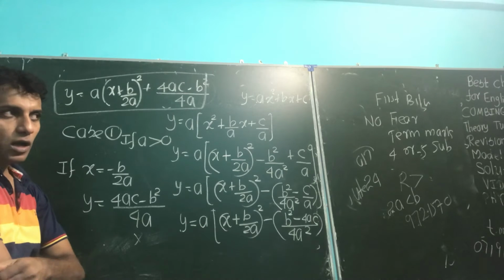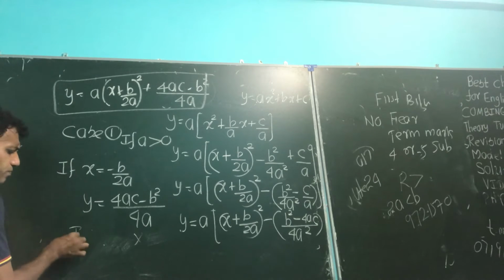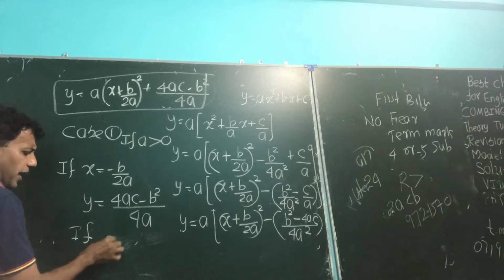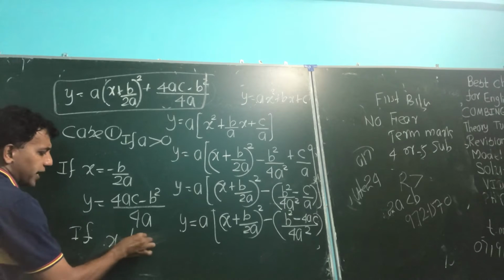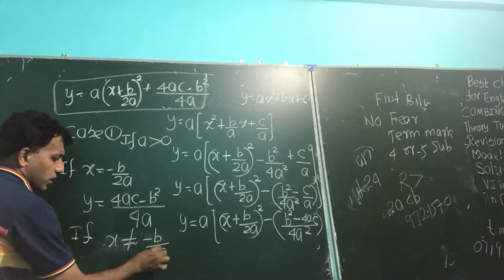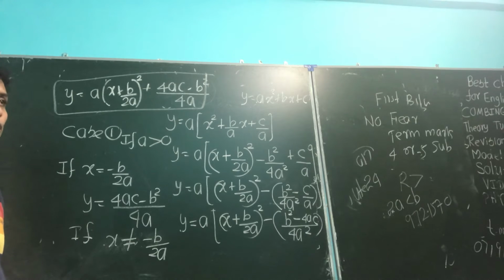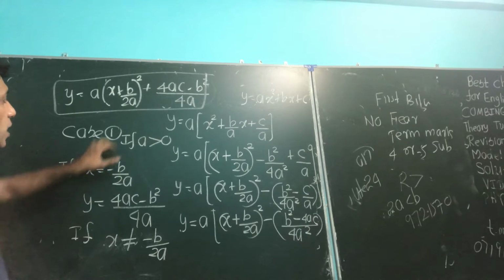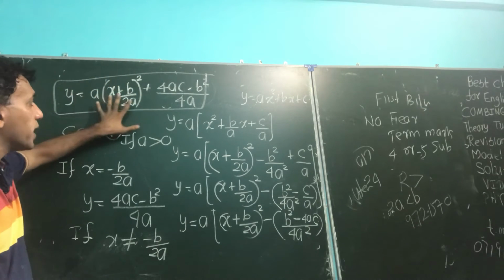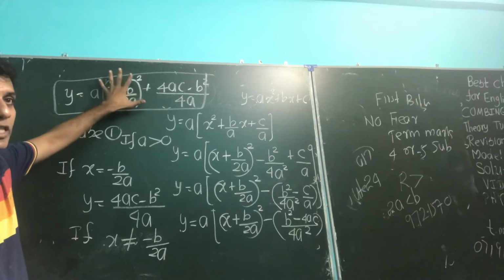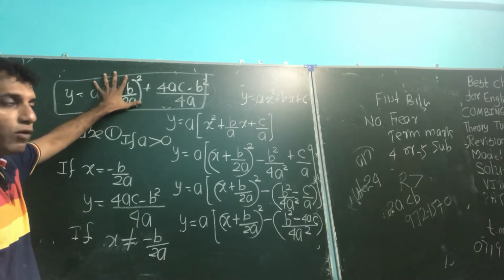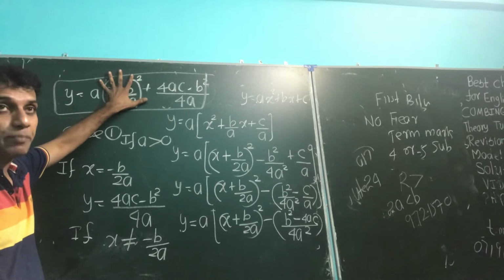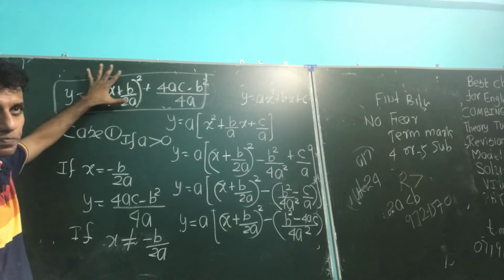Okay. Now see, if x is not equal to minus b over 2a. If x is not equal to minus b over 2a, right? X does not belong to minus b over 2a. Therefore, this never becomes 0. This never becomes 0.